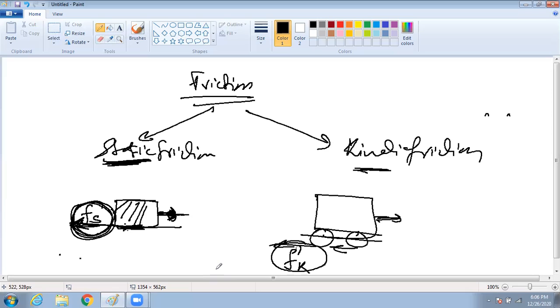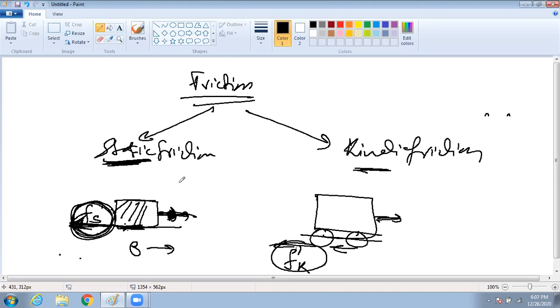Friction will only act when there is a tendency of relative motion. Tendency, when you're about to start. When there is no motion, friction is very clever. It will not act when the body is at rest. It will only act when you are about to pull. When you are about to pull, that time the static friction will come into the picture, because you are going from the body at rest towards motion.